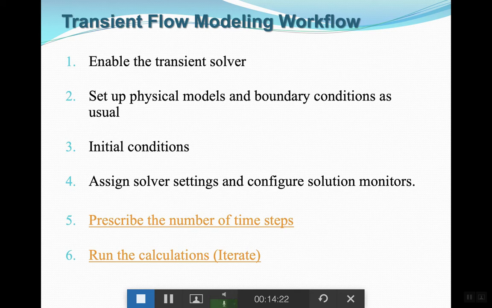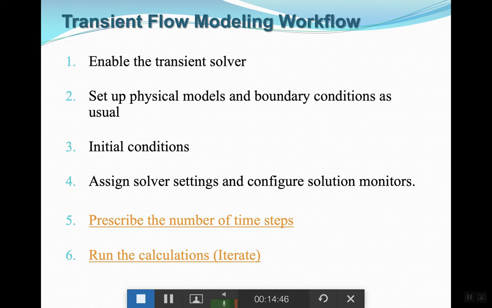First, you have to enable the transient solver, because you need a separate, time dependent solver for your simulation. Then, number two, set up your physical models and boundary conditions as usual. So there is no change here.